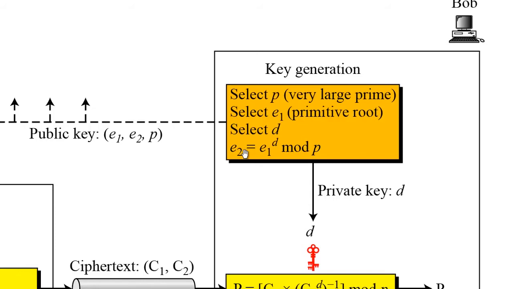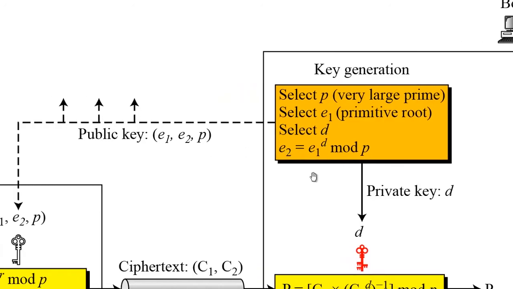That means anyone, not only Alice, anybody in the world who wants to send a message to Bob, can get the public key from Bob and generate the ciphertext. So now both the keys are generated, private key and public key.